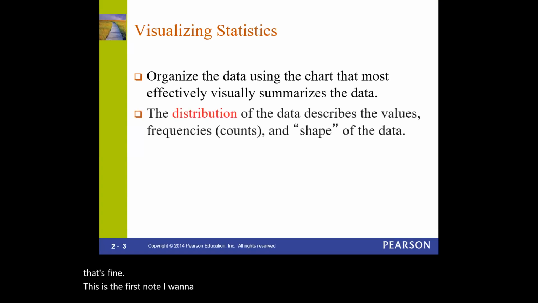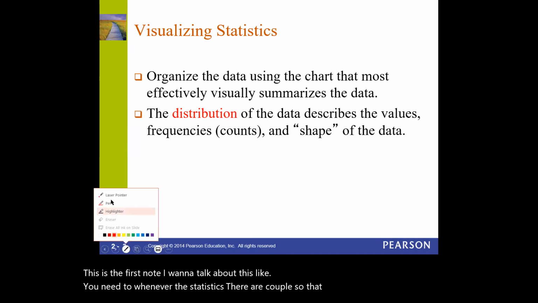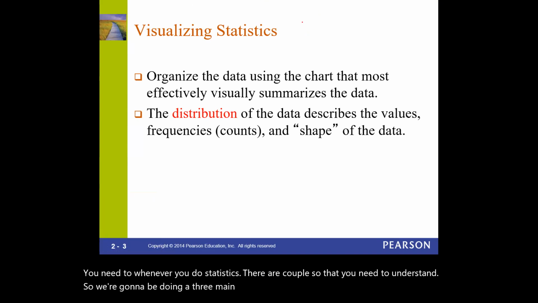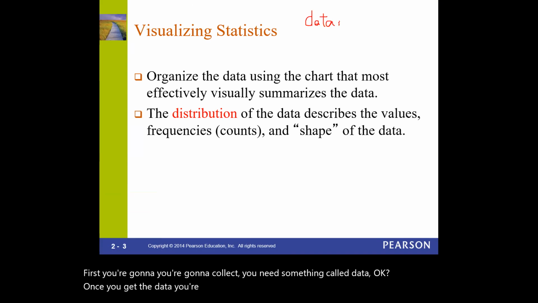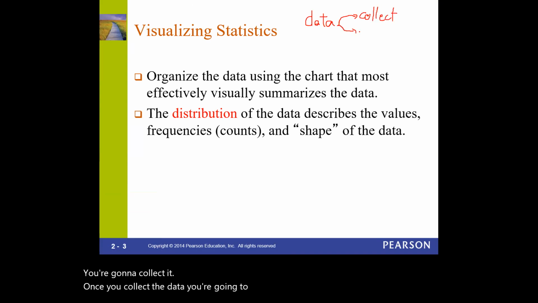Whenever you do statistics, there are a couple of things you need to understand. We're gonna be doing three main things. First, you need something called data, and you're gonna collect the data. Once you collect the data, you're gonna do something called organization.